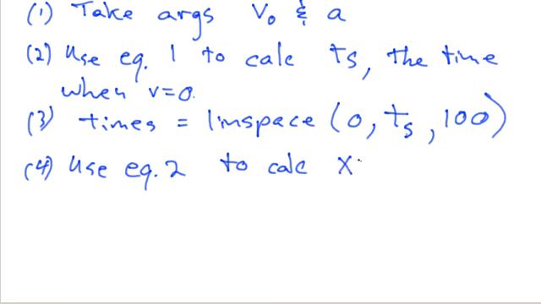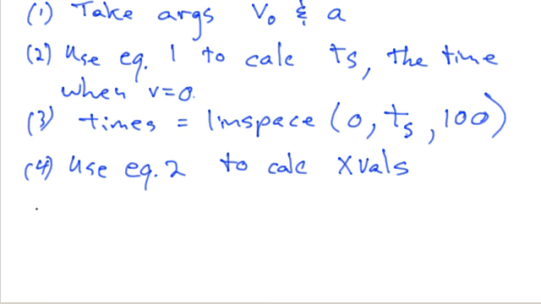I'll call it x vals. You should make up your own name for these things. To calculate the x values, position values, just about anything works. You want to keep it reasonably short, but make it so that it says what it is. So x vals says that it's the x position values.